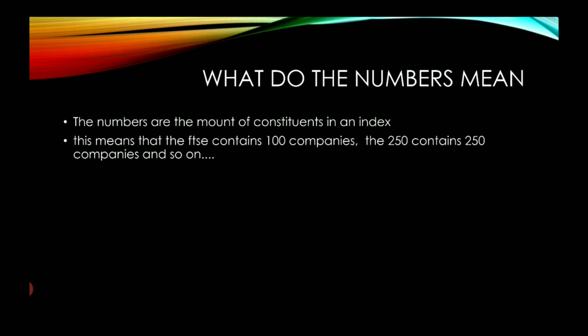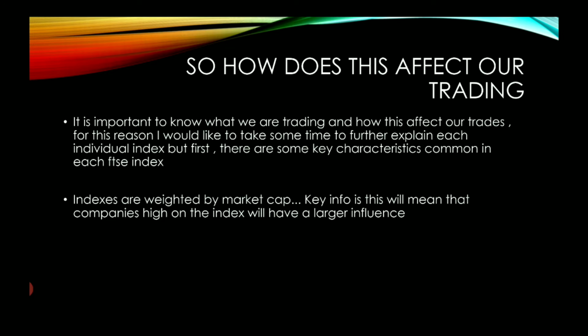So the FTSE 100 contains 100 stocks, 250 means it contains 250 stocks, and 500 is 500 different stocks as well. So the number is the amount of constituents on the index.